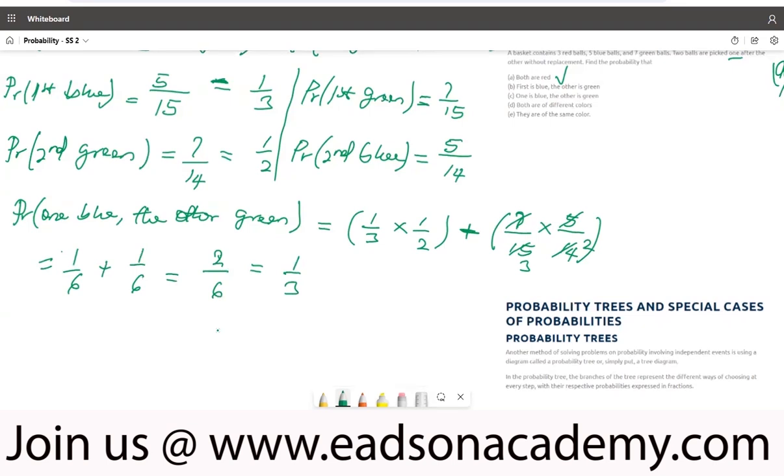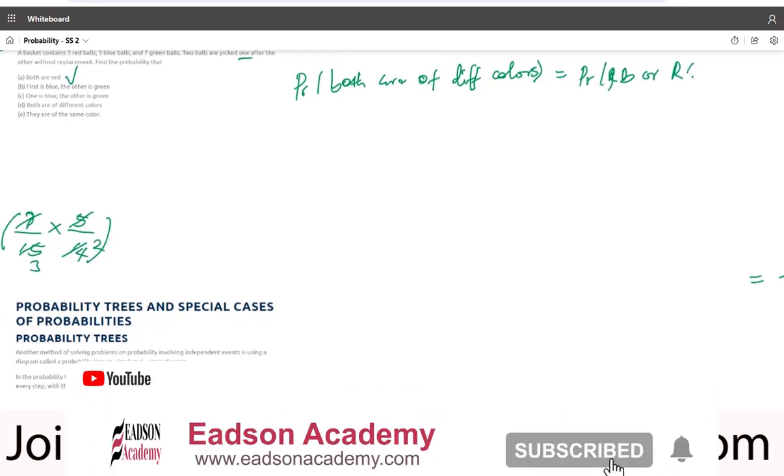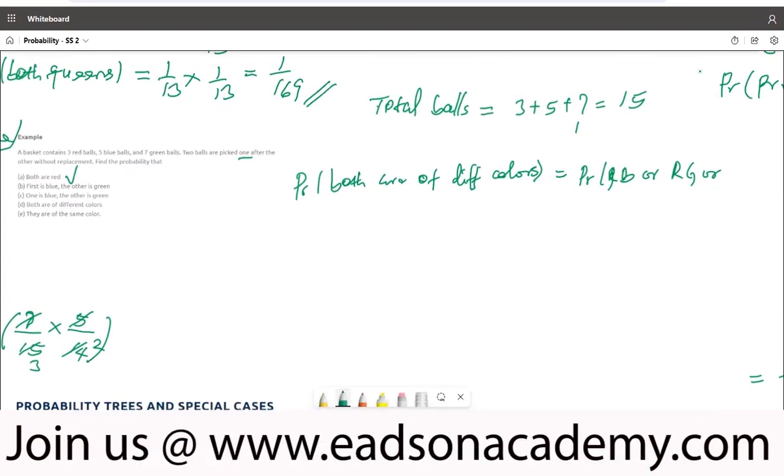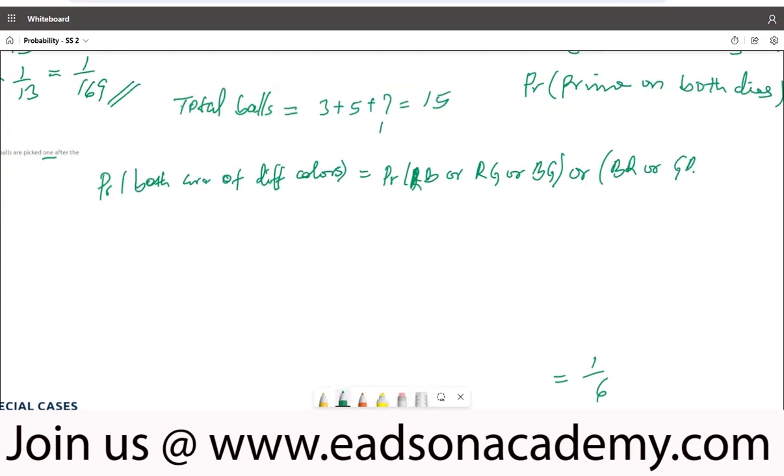In that case, both are of different color. Probability that both are of different colors. There will be the probability that the first is red and the second is blue, or red and green, or blue and green. I'm just combining the three: red, blue, or red, green, or green, blue.